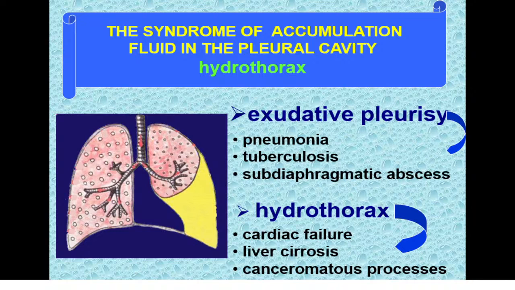It may be a manifestation of edematous syndrome in cardiac failure, in liver cirrhosis, or a response to any cancerous process. To decide whether it is an inflamed or non-inflamed process, we can only do so after puncture of the pleura and examination of the pleural fluid.